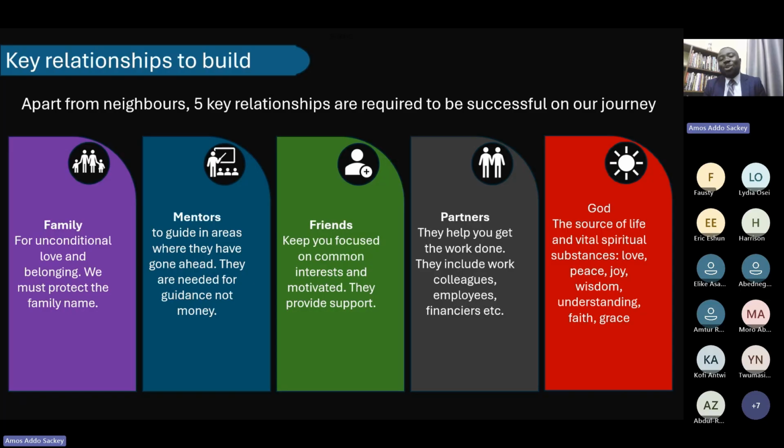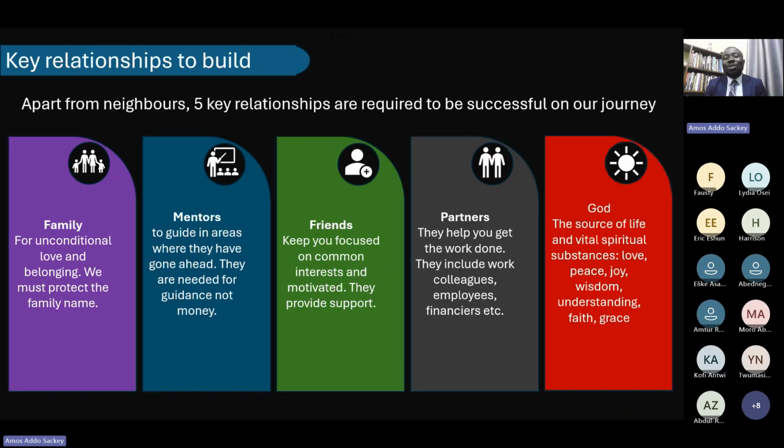And then we also need partners. These partners are the people who will help us to do the actual work. Maybe you have a plan of establishing a business, or there is some work that you are doing and you can't do it alone. You need partners to help you do it.